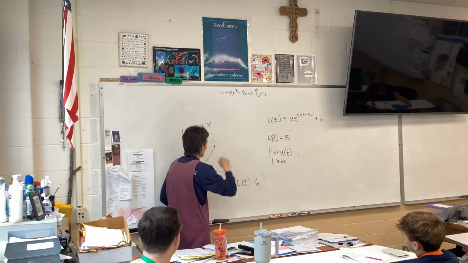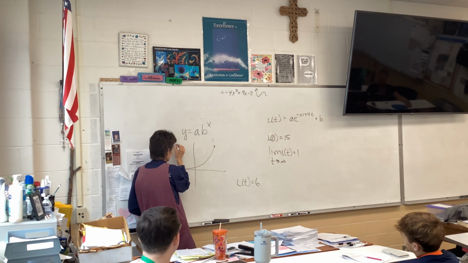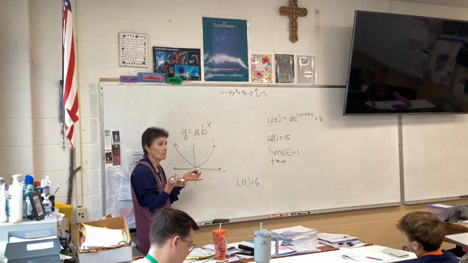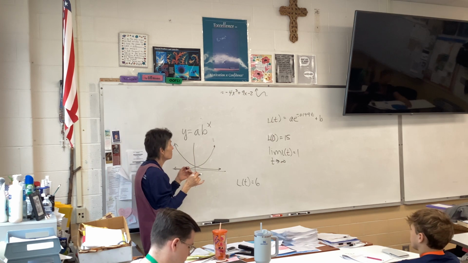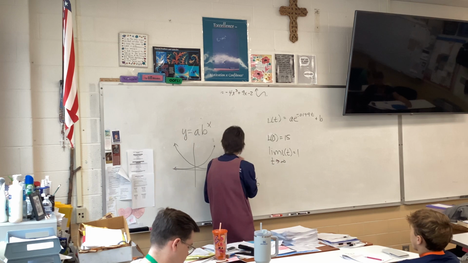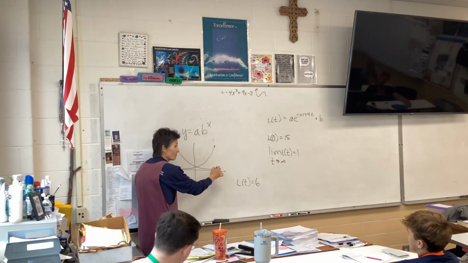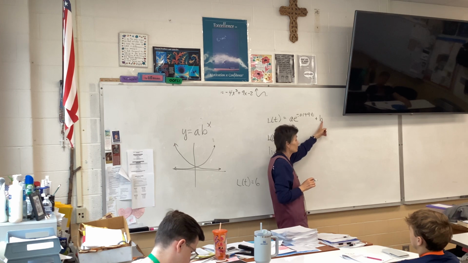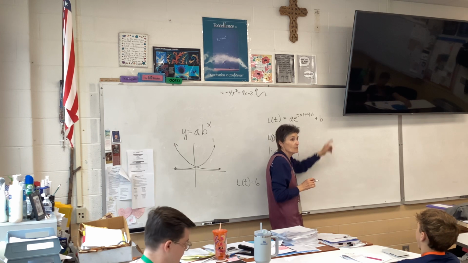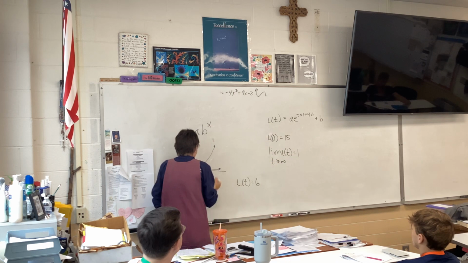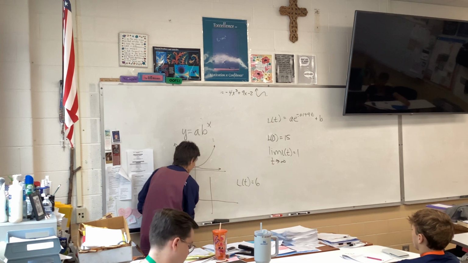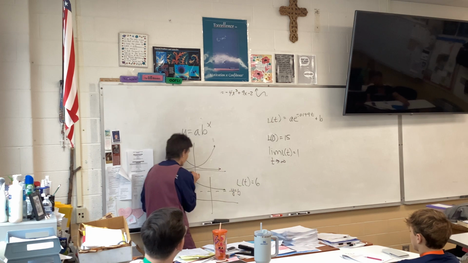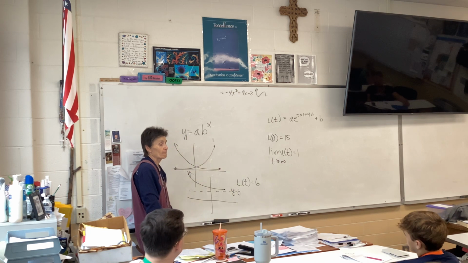That's 2.718. So now my equation is going to look like this, just in general, if the exponent's negative. Okay? So I got a thing shrinking like that, but I'm moving it up b. So if I move that up b, I got an asymptote here at b, and it looks like this. Would you agree with that? Yeah. Okay.